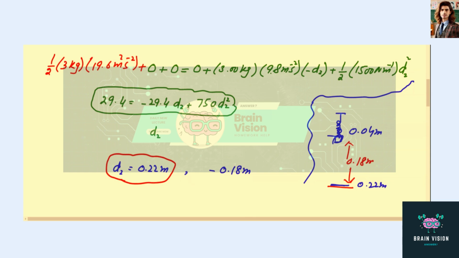After the spring stretches to the maximum point, it returns to its equilibrium point, and it will compress to a distance of 0.18 meter. So the maximum stretch in the spring is 0.22 meter.